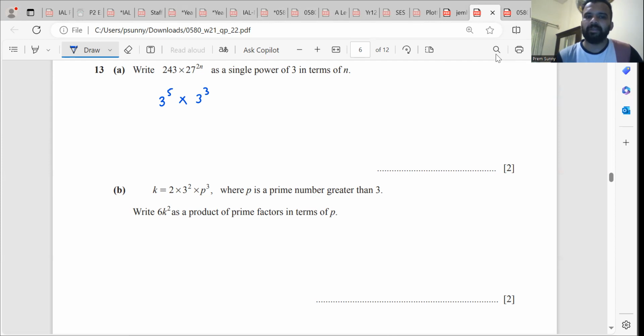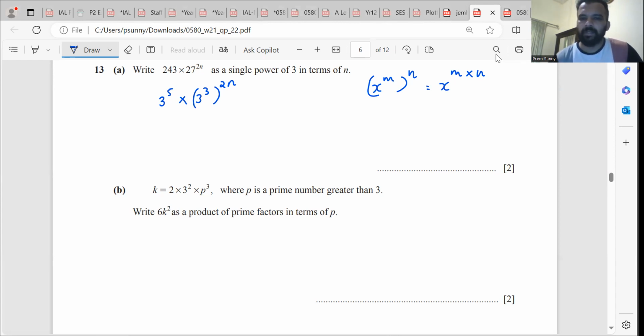So if 27 can be written as 3 to the power of 3, 27 to the power of 2n can be written as 3 to the power of 3 to the power of 2n. Now, in the law of indices, we have studied that x to the power of m to the power of n is basically x to the power of m multiplied by n.